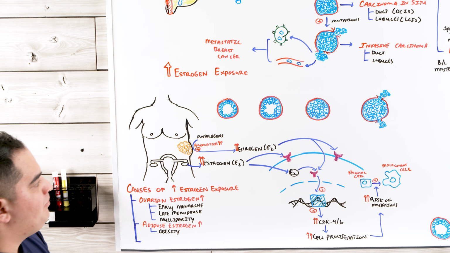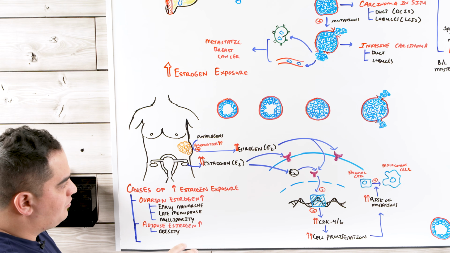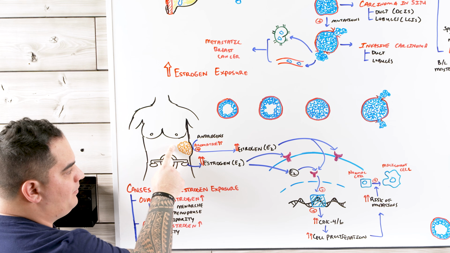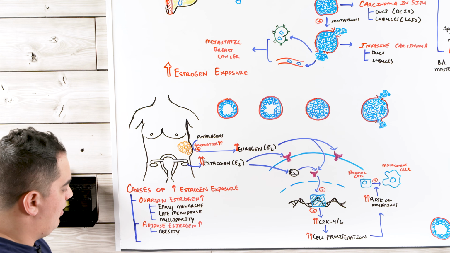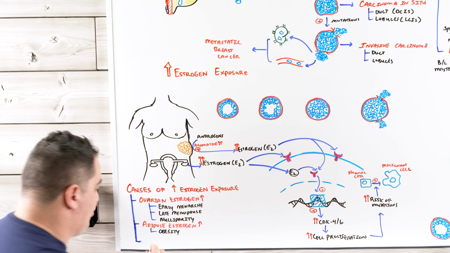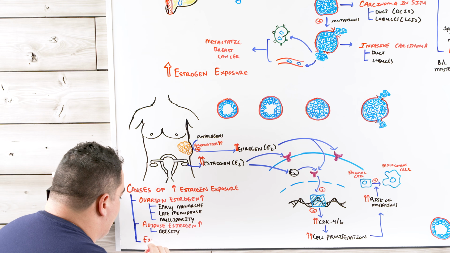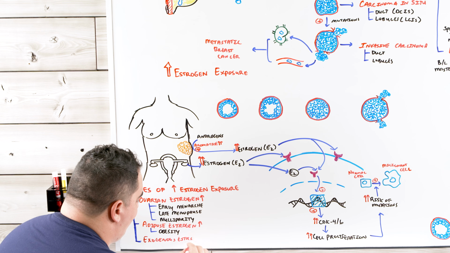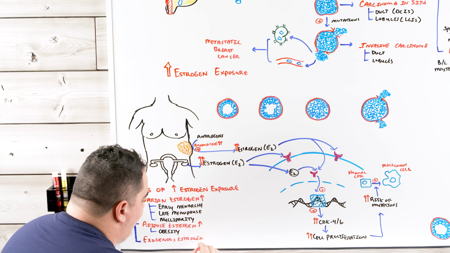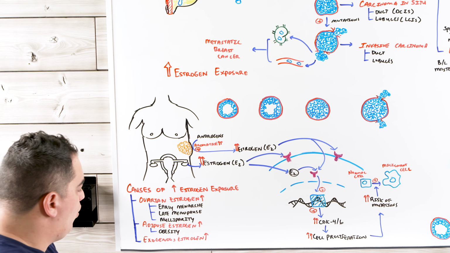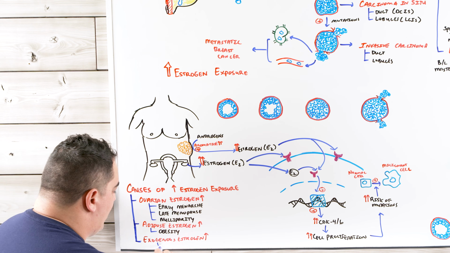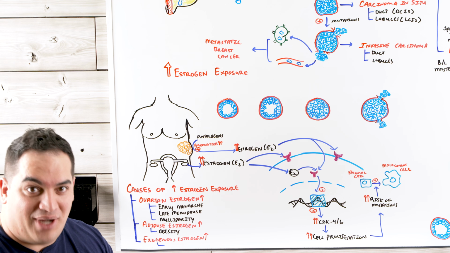But nonetheless, the last thing I want to talk about here is, what if it has nothing to do with the adipose? What if it has nothing to do with the ovary? What if exogenous estrogen is high for longer periods of time? Usually this is in patients who are postmenopausal and who are on a drug that is trying to replicate estrogen and progesterone.